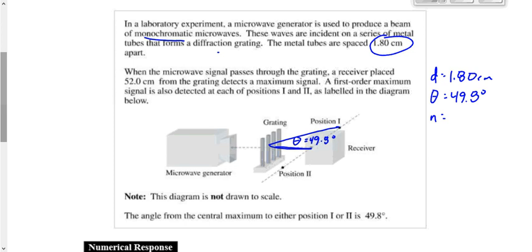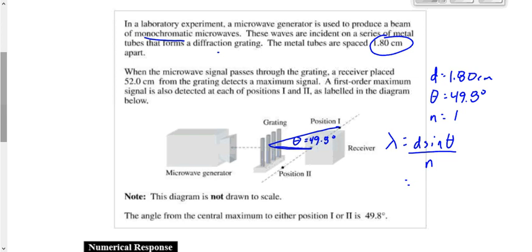Yeah, we're talking about from the central to the first maximum on either side, so n is going to be equal to 1. Now, we're looking for the wavelength in this question. Lambda is equal to d sine theta over n. It's a good thing that we have theta, because in this question, clearly we're way above 10 degrees. We couldn't even begin to think about using the other equation here.